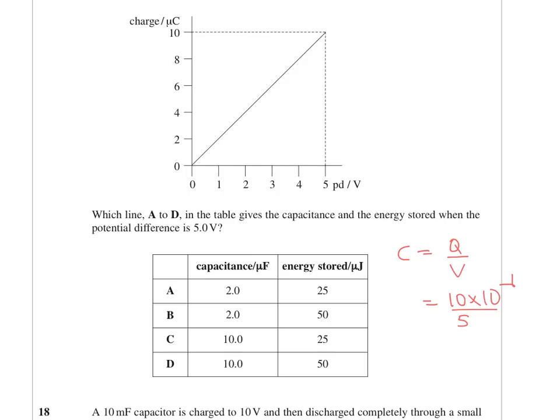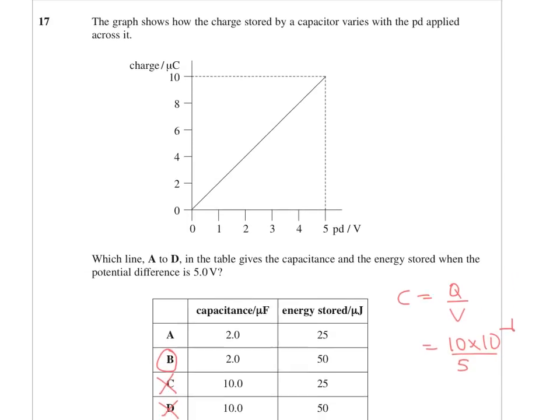So that will eliminate C and D. And it'll be half QV, so 5 times 10 to the power minus 6 is 5 times 10 to the minus 5, which is 50. So it's B for that one.